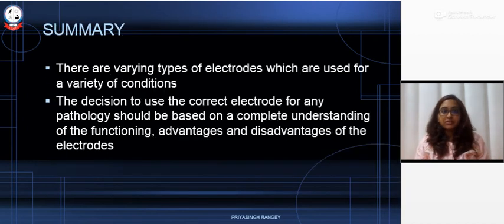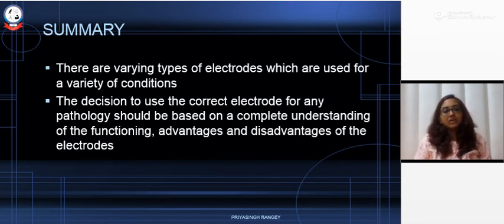So these were the different types of electrodes. And whatever type of electrode we are using will depend on a variety of conditions, on what basically the need is for that particular patient. We can use rubber electrodes, metal vacuum electrodes, self-adhesive electrodes, implantable electrodes or invasive electrodes.